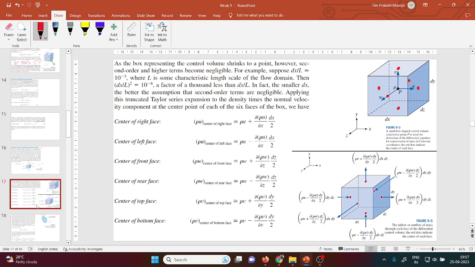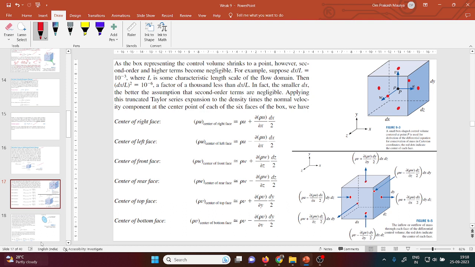In the control volume, if something goes in and something goes out, it travels from one point to another, so the distance varies for in and out.